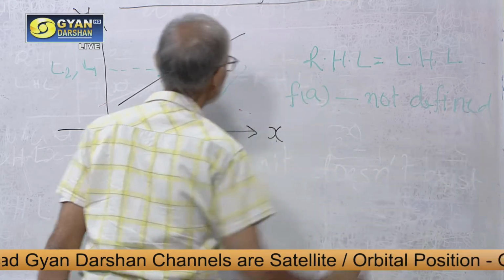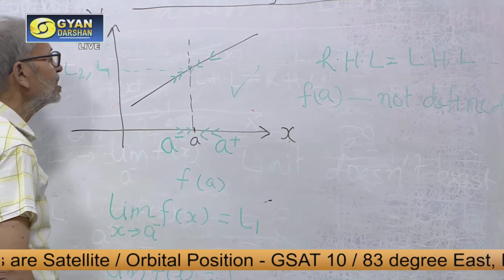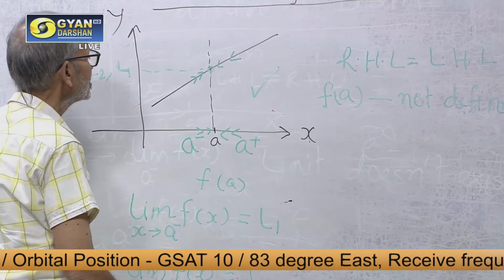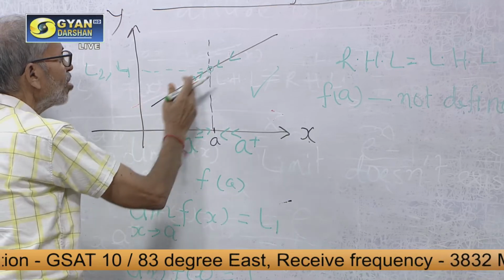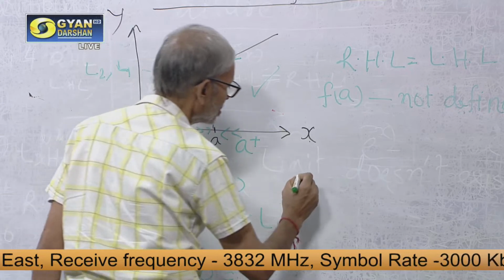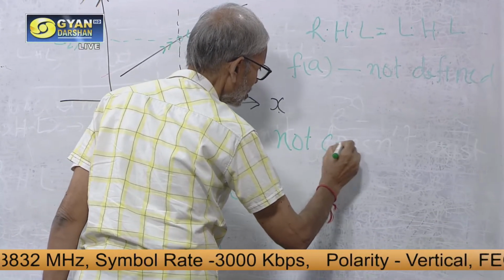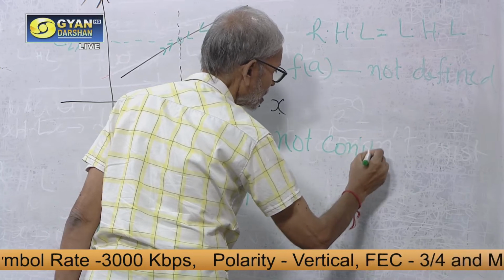So, in this case this point is excluded from the range. So, this is not continuous.